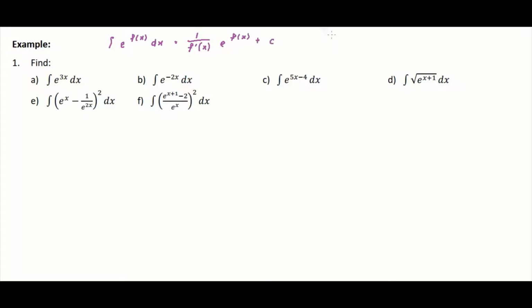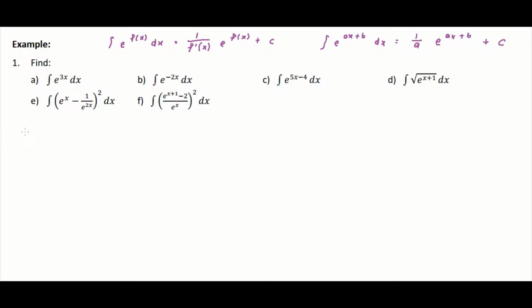It's also fine if you want to use the idea for e^(ax+b). You will get 1 over a, because ax plus b, after you differentiate, gives a. Then e to the power of ax plus b, plus c.